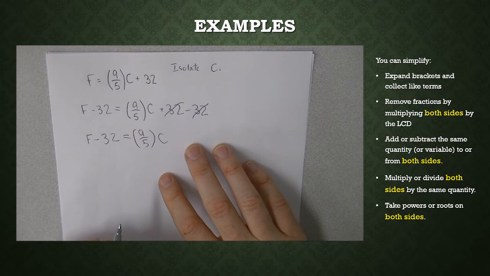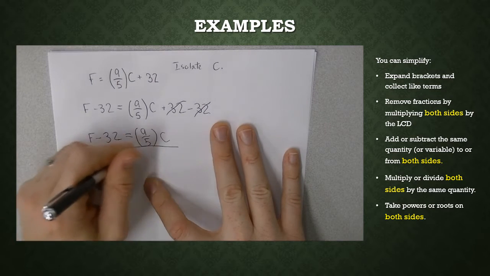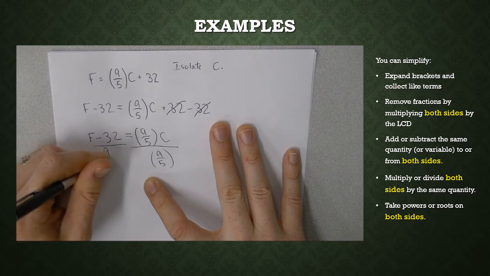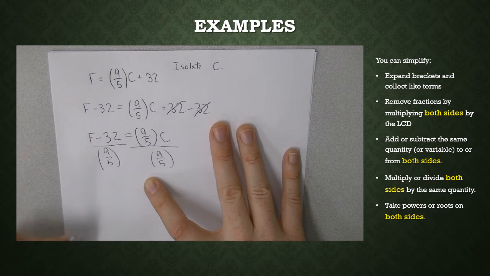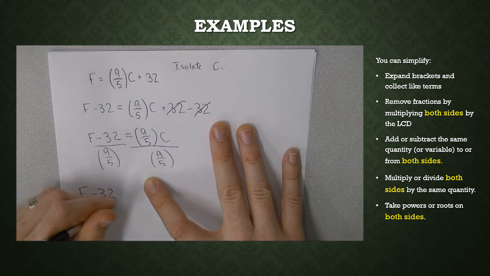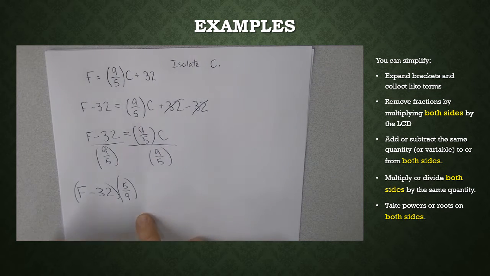I'm going to divide both sides by 9/5, which is the same as multiplying both sides by 5/9.